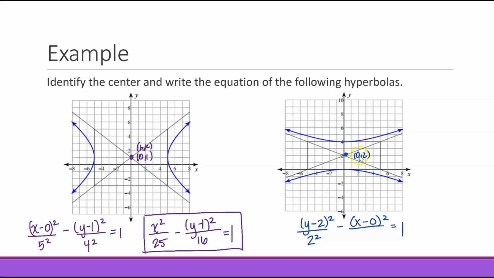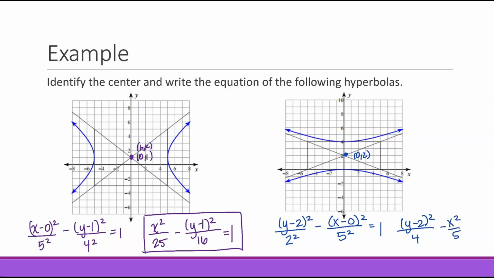And then I go 1, 2, 3, 4, 5 units right and 5 units left. That's the number that goes below the x variable. So if we clean this up a little bit, we're going to get y minus 2 squared over 4 minus x squared over 25 is equal to 1.